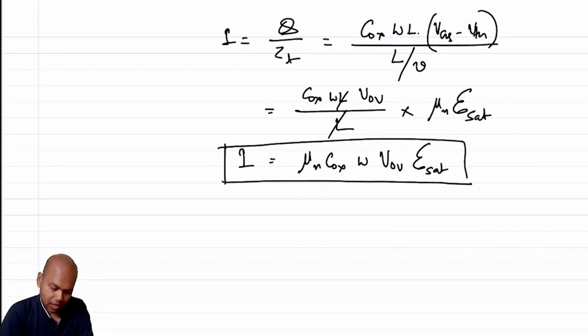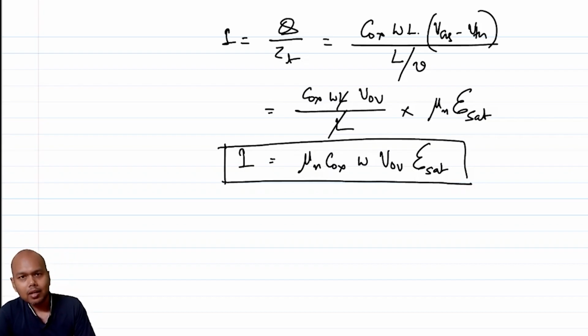Okay. So what are the key takeaways here? The key takeaway is that the current is no longer dependent on the length of the device. This happens only in the extreme case when the entire channel is velocity saturated.